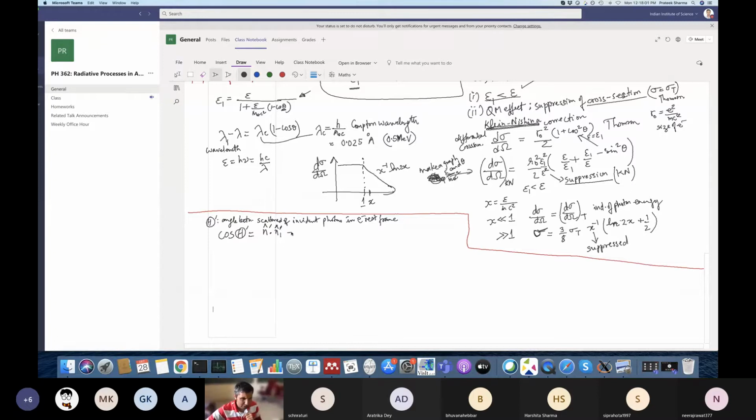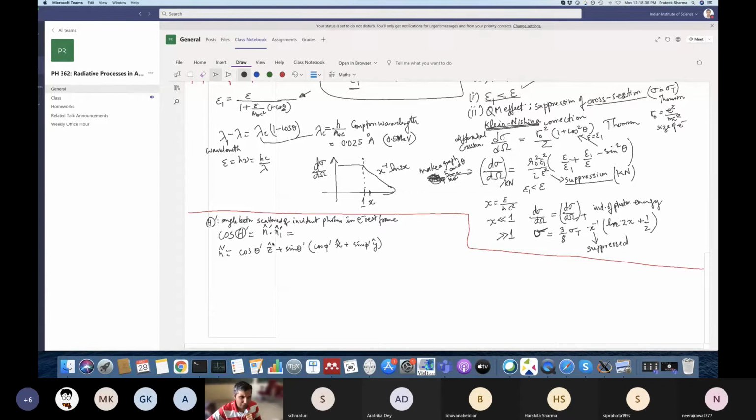So this is nothing but, right, we know that n hat prime is equal to cos theta prime z hat plus sine theta prime cos phi prime x hat plus sine phi prime y hat, right?